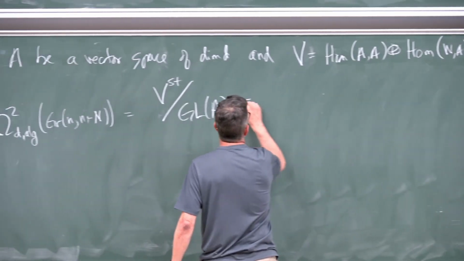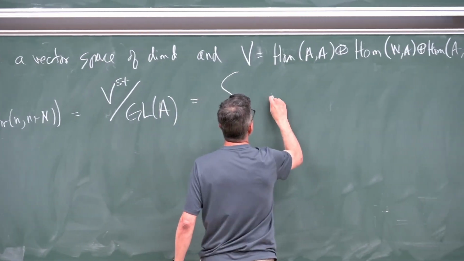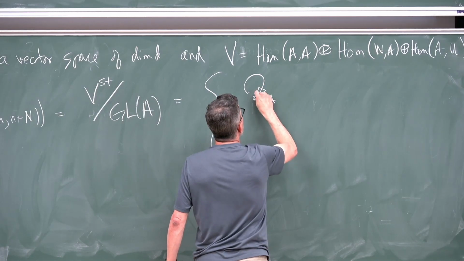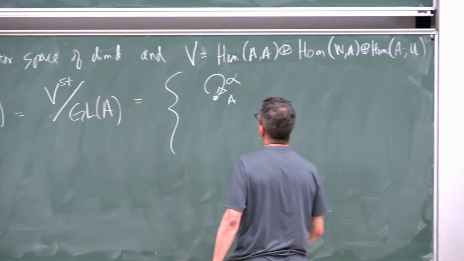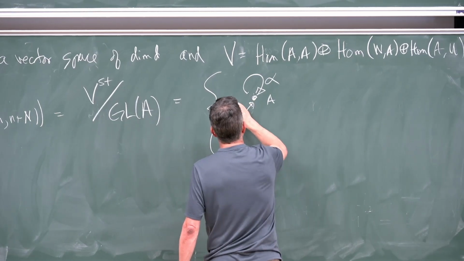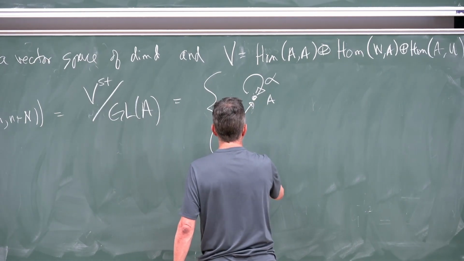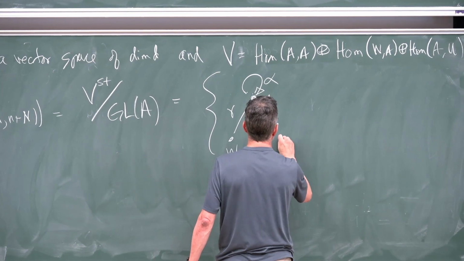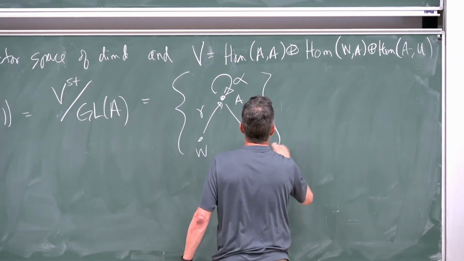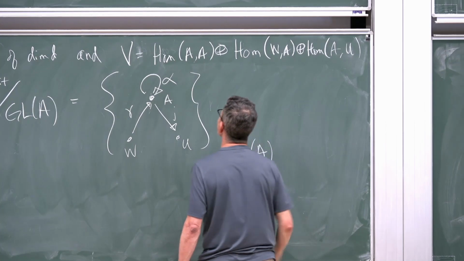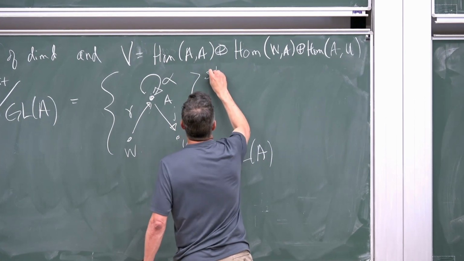So it's quiver representations of this thing. So if this is the vector space A, I'm going to call this alpha, and I've got gamma from a vector space W, and I've got what I'll call J to a vector space U, and GLA acts on this, and this is the stable locus.